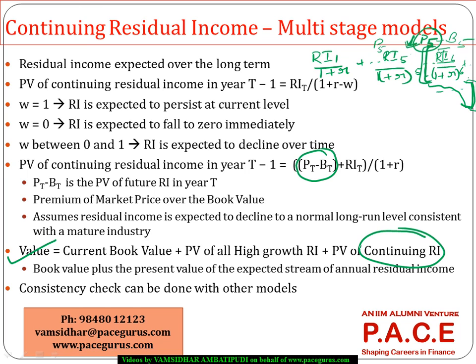And for those future RIs, because we are using a multi-stage model, up to some period we are thinking of some kind of higher growth, and after a certain period we are thinking of a continuing RI, where the pattern is thought of as either persisting at the current level itself, or dropping immediately to 0, or dropping gradually to a certain percentage, or probably whatever is the difference between the market price and the book value at that point is the present value of all the future RIs from that point onward.